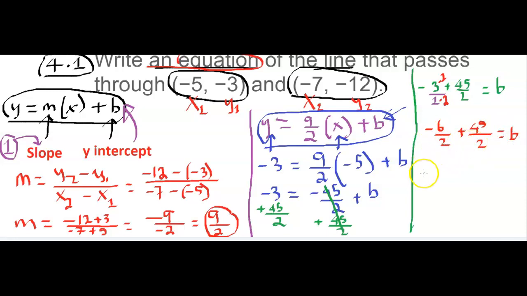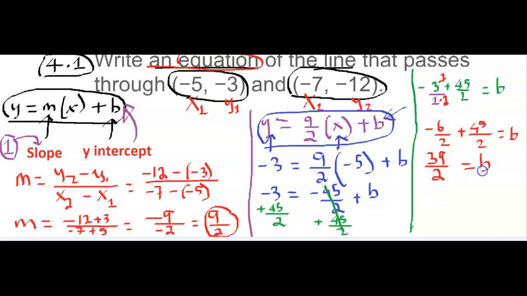My common denominator is 2, so leave the denominator alone. -6 plus 45 is positive 39. Think of it like you owe somebody $6 and you have $45, so you pay the $6 and you still have $39 left. My denominator is 2, so 39 over 2 equals b.